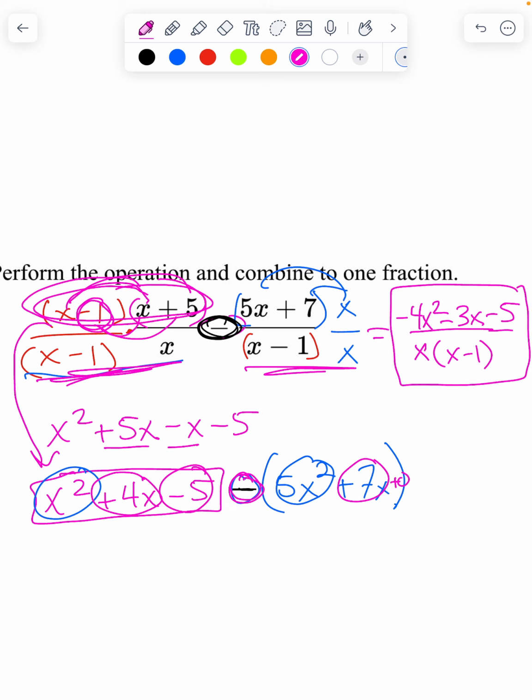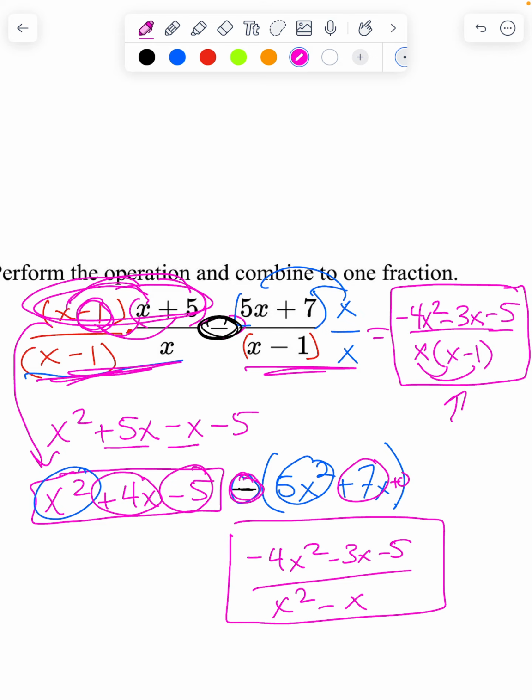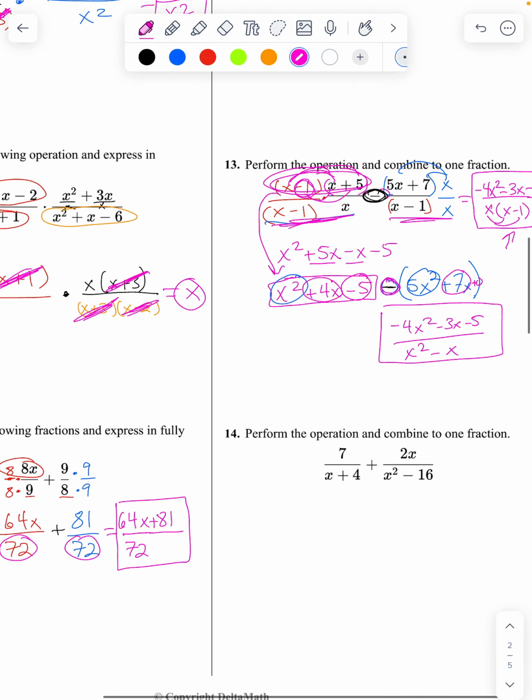So this should be the answer that I get. Another way it could be written is if they multiplied this part out. It'd be negative 4x squared minus 3x minus 5, and then on the bottom they'd have x squared minus x. This should be good. I didn't look at the answer key, but that could be another way it's written.